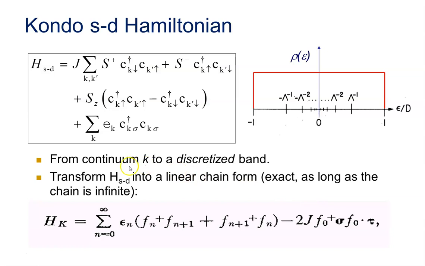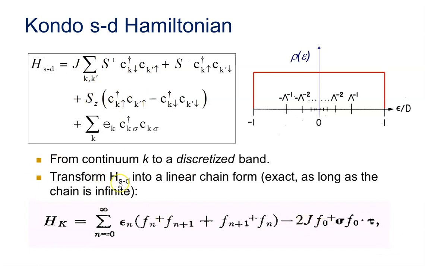And then once I do that, I map my Hamiltonian, which was a continuous Hamiltonian, to a discrete case in the form of a linear chain. And this is like a Fourier transform of these states into Wannier-like states, and only one of these states will couple to the impurity directly. That's the f0.